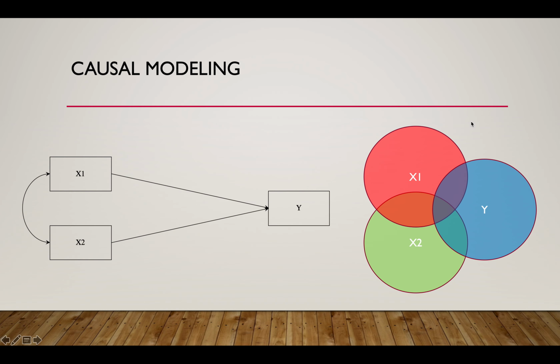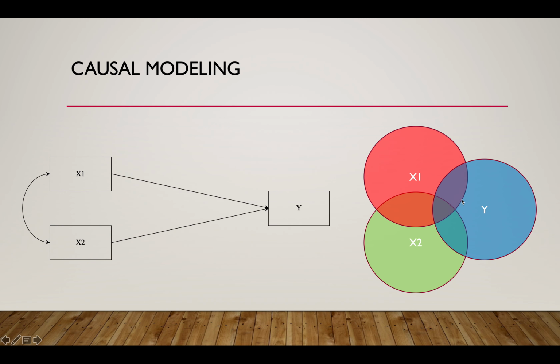So in this Venn diagram, you can see that we have y, and this circle represents all of the variance in y. The pure blue represents variance in y that is not attributed to either x1 or x2.